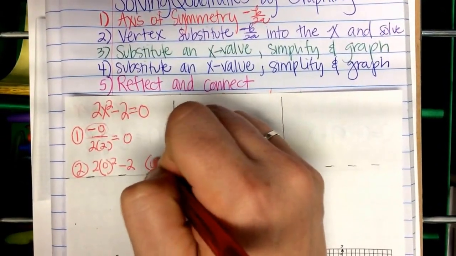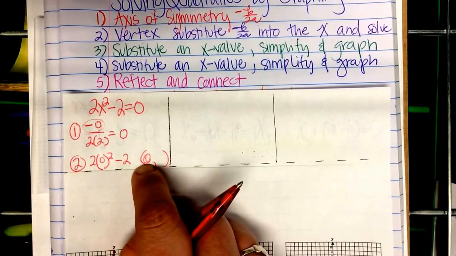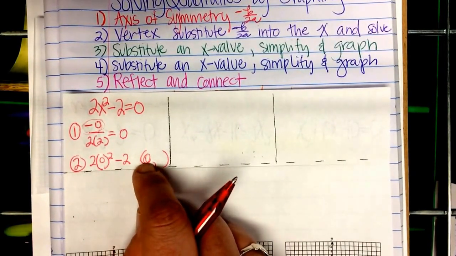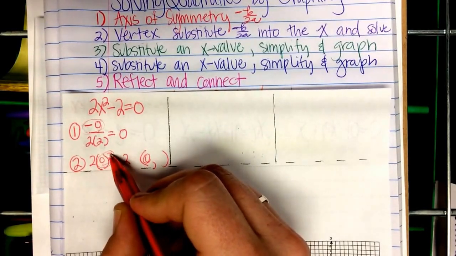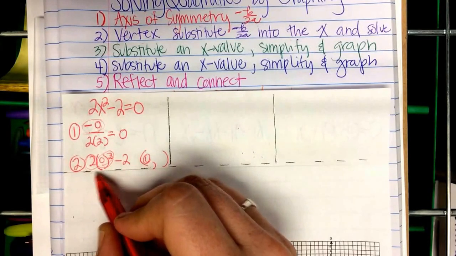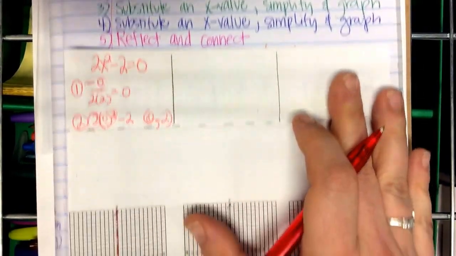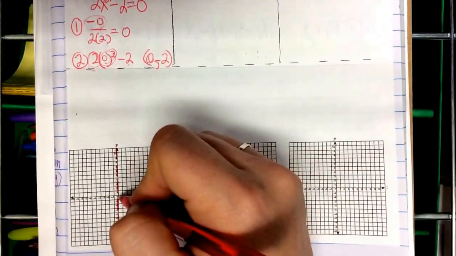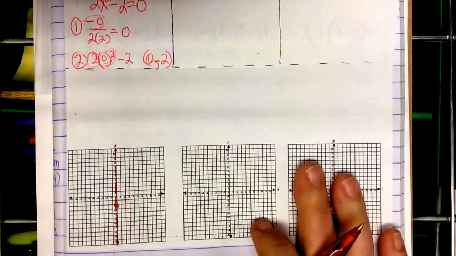My x value is 0. I put in 0. And what do I get out as my answer? 0 squared is 0, times 2 is 0, minus 2, negative 2. So that's my vertex. 0, negative 2.